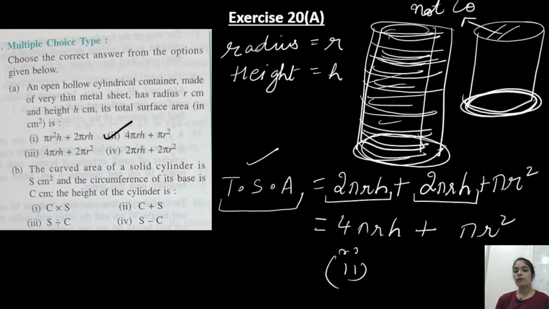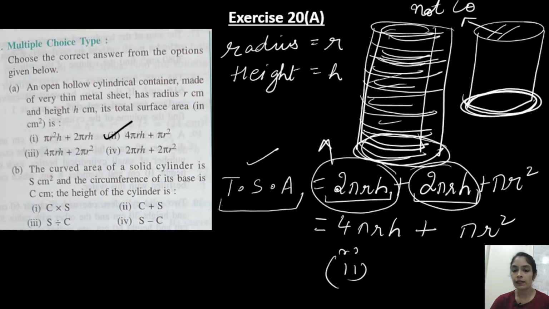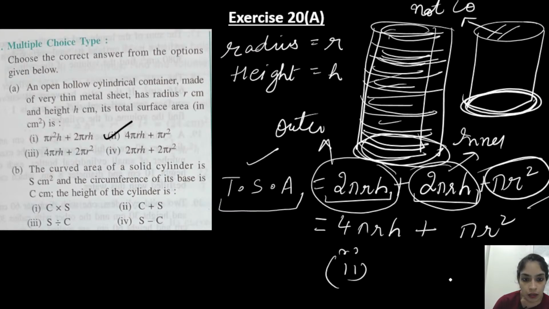Always remember, whenever we are finding surface areas, all the areas which we can see we have to include. That's why here we have added 2 pi rh two times: one is for the outer surface, the other one is the inner surface.